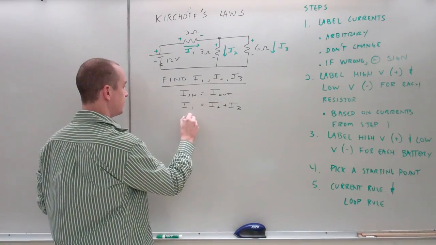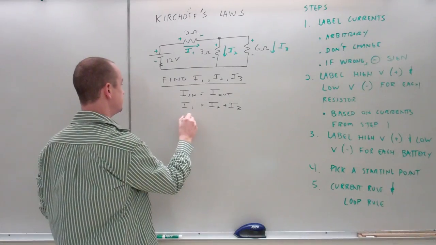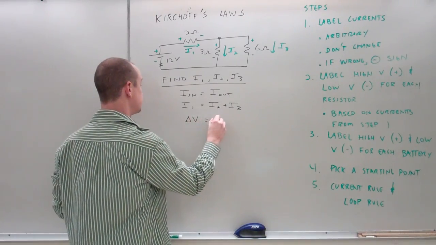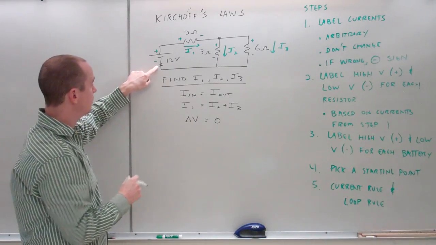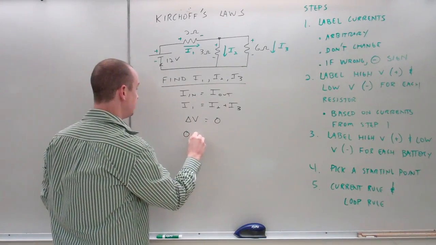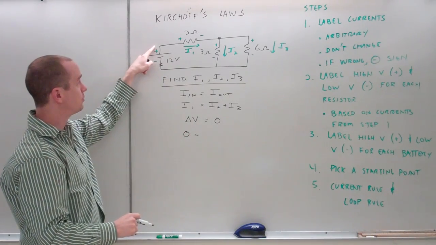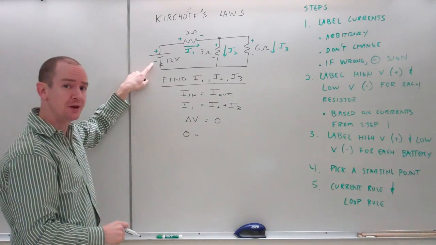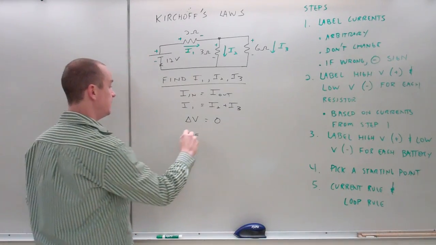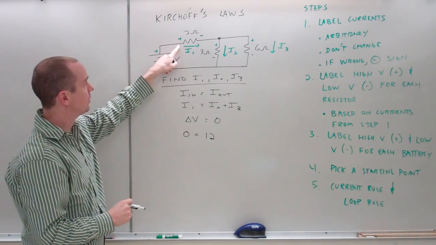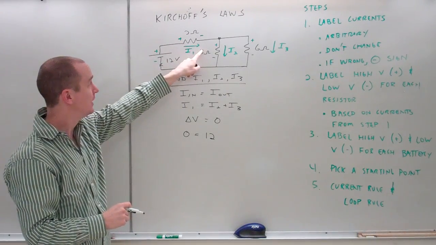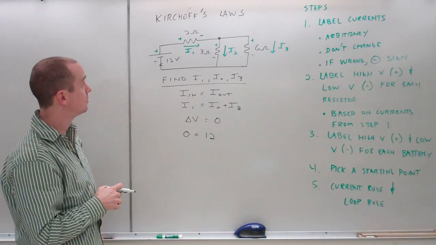The loop rule says the change in voltage is equal to 0. I apply this the following way. I start here, so 0 has to equal my change of voltage. Notice I'm going from negative to positive, so this must be a positive 12. I'm going to go across here, and I'm going to lose potential as I move across the 2 ohm resistor.